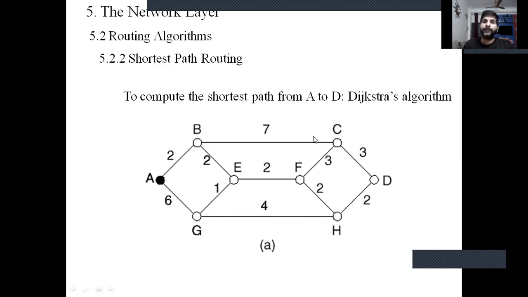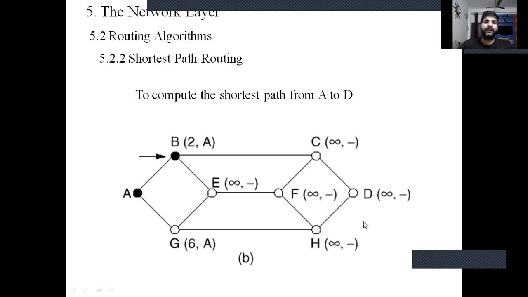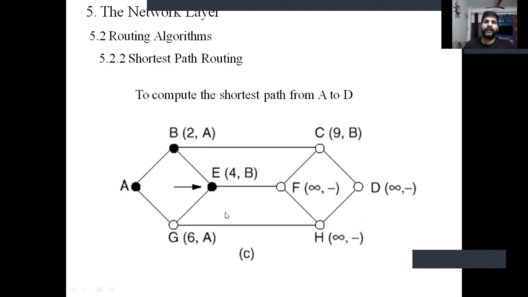Now B to C the distance is 7, and B to E the distance is 2. So traveling A to B to C, the total distance is 2 plus 7 equals 9, and to E it is 2 plus 2 equals 4. After this, we find the minimum node distance, and those nodes are covered.